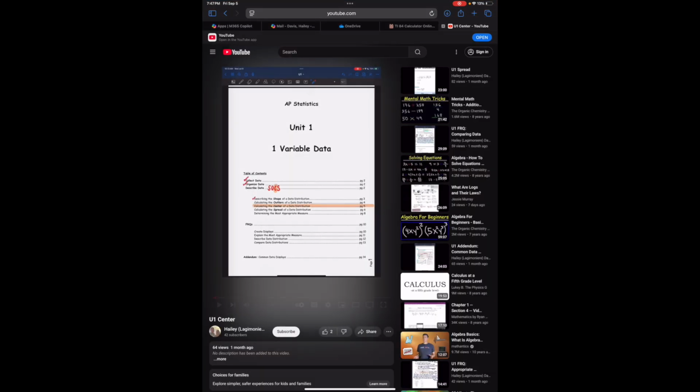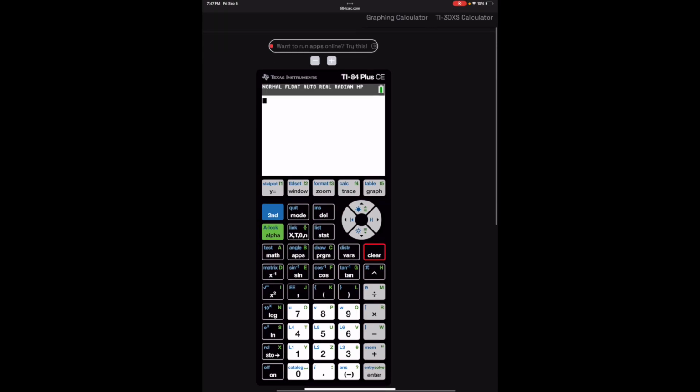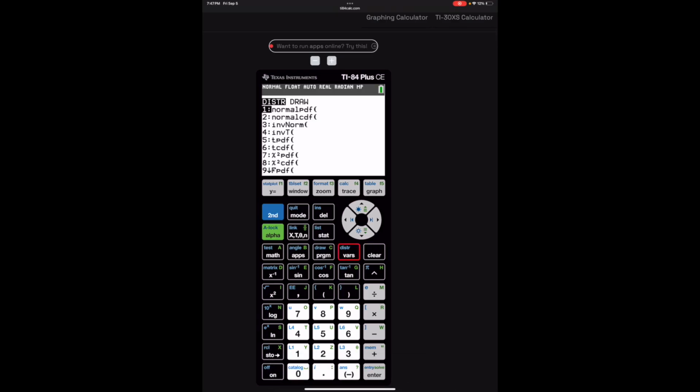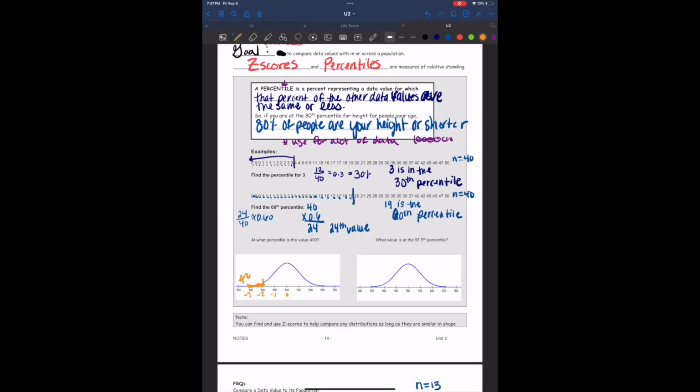Go ahead and join me on page 5. If we come here, we can just go on the calculator to normal CDF. I know mine is spanning from negative infinity up to -2. If I do that, that is about 2% of my data. So I can come back over here and write 0.0227, I think is what I saw.